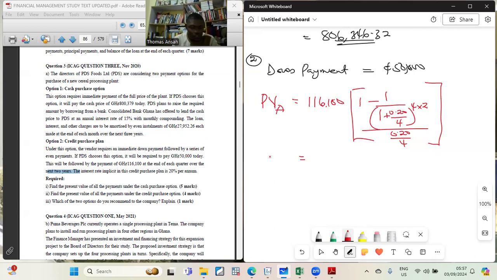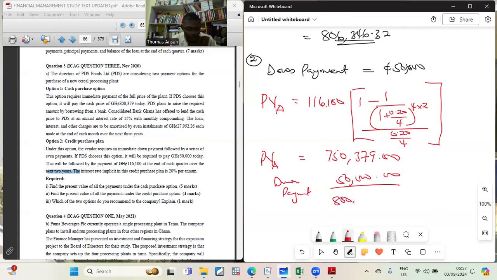That is 750,379.00. But after the PVA, don't forget there was a down payment also of 50,000. So plus 50,000, this one is 800,379.00.